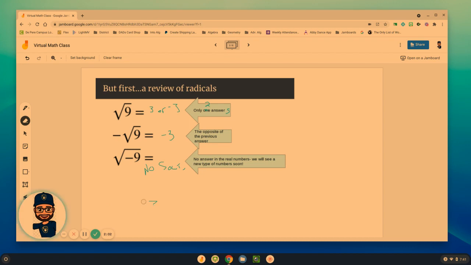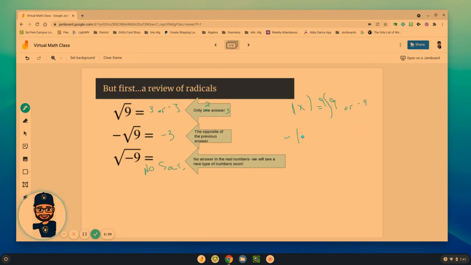Now, a very similar process applies for what we did the other day. The absolute value of 9, well, the answer was 9 or -9, right? If I had the absolute value of x equals 9, we have those two answers, 9 or -9.